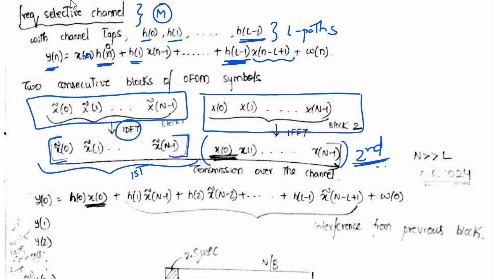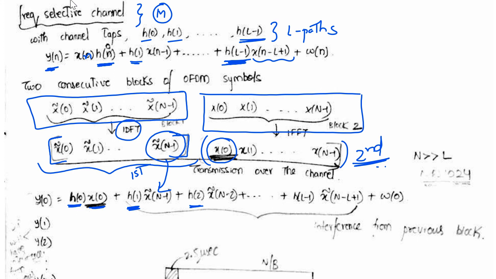Now let us say I am going to transmit this over the channel. If we have L paths, then on the first path I will get x of 0. Then on the second path, h of 1, I should be getting the previous sample, so that is what is written over here.